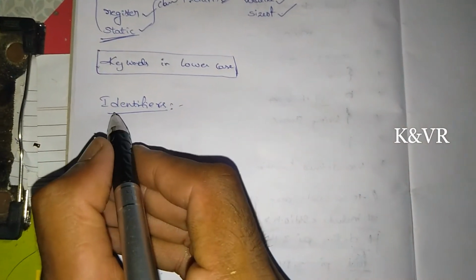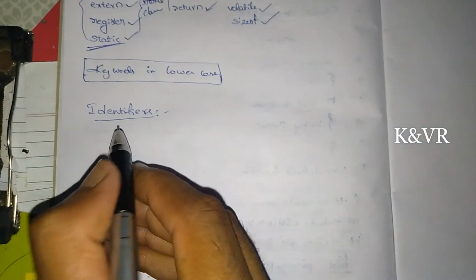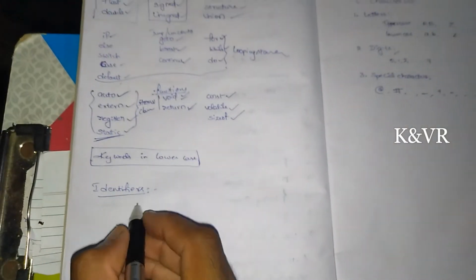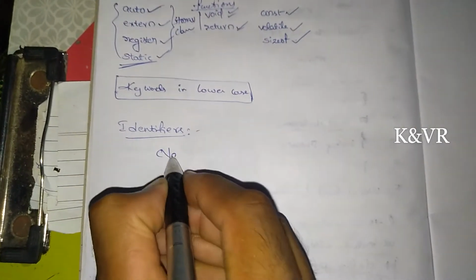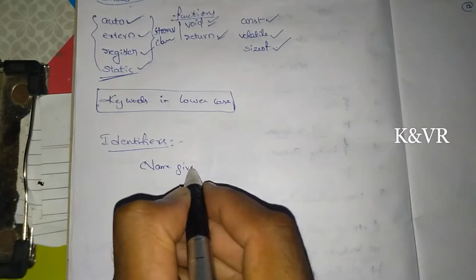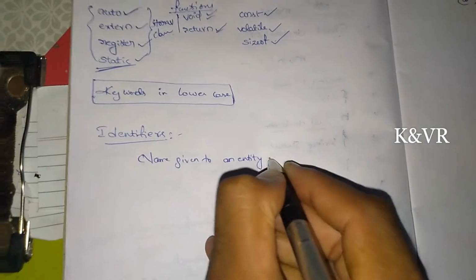Our next C token is identifiers. Identifiers are nothing but the name given to an entity in a C program.